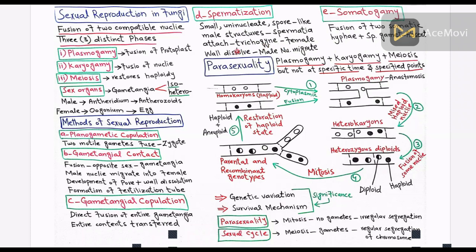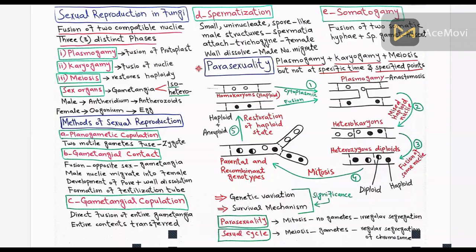The male nucleus migrates into the female gametangium and fuses with the female nucleus to form the zygote nucleus, and this type of sexual fusion is called spermatization. The last one is somatogamy: fusion of two somatic hyphae of different species, and specialized sex organs are not produced in this type.